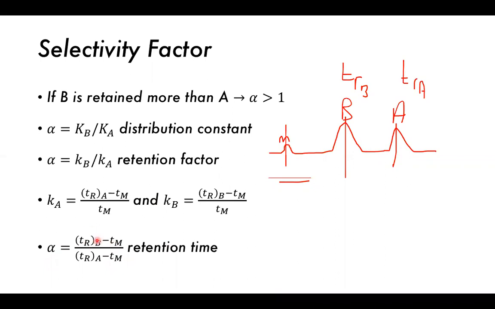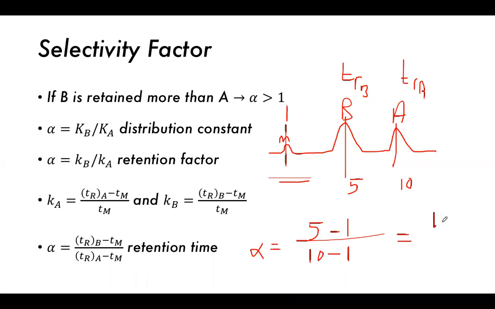So for example, we put in the values. If the mobile phase takes 1 minute to come out, then B is 5 minutes and A is, I don't know, 10 minutes. Then we can fill it into our retention time calculation. So alpha is equal to tRB, which we've said is 5 minutes, minus tM, which is 1, all over tRA, which we said is 10 minutes, minus 1, which is the time it takes for the mobile phase to come out.